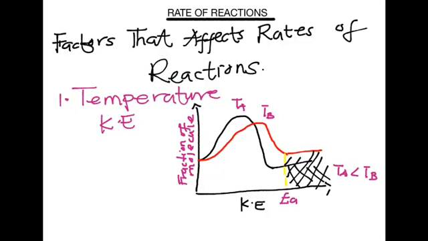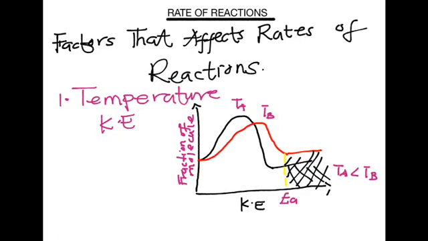On the vertical, we have the fraction of the reactant molecules, and on the horizontal is the kinetic energy. Over here, the yellow is the activation energy that is required for the reactants to pass the intermediate to be converted to products.